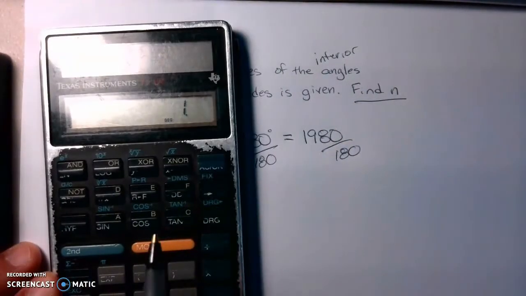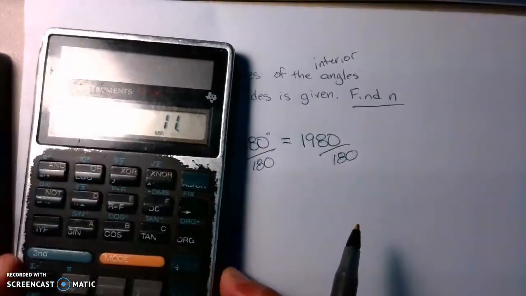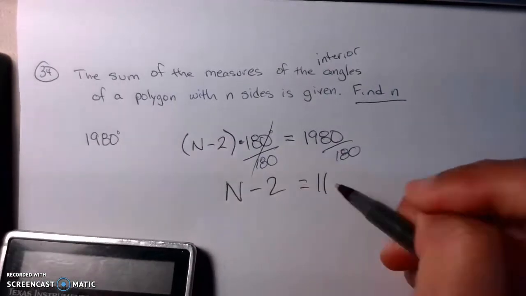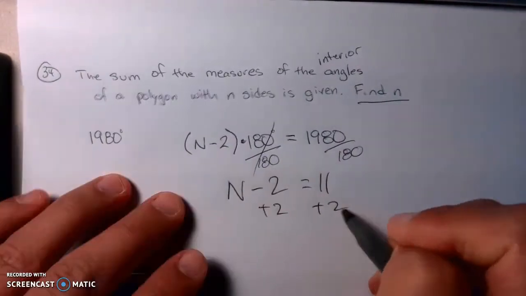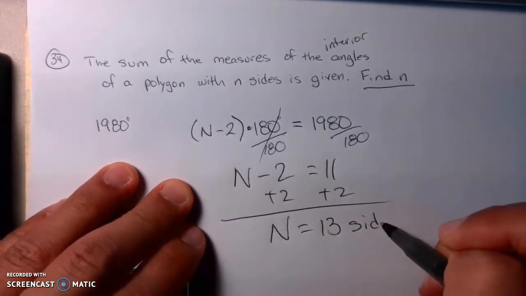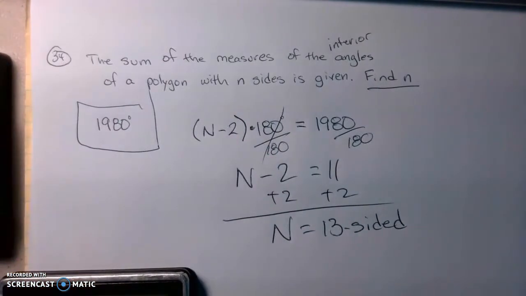So 1980 divided by 180 is 11. So this goes away. n minus 2 is equal to 11. Then just add 2. And so this is a 13-sided figure that has all 13 angles add up to 1,980.